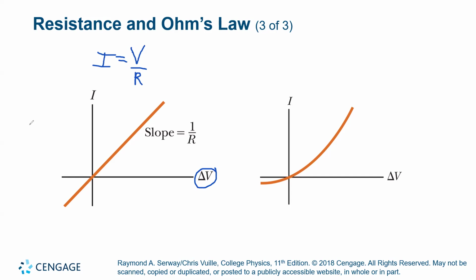Always. Ohm's law says that the change in voltage across a segment, across a piece of material, is equal to the current flowing through it times this resistance value.